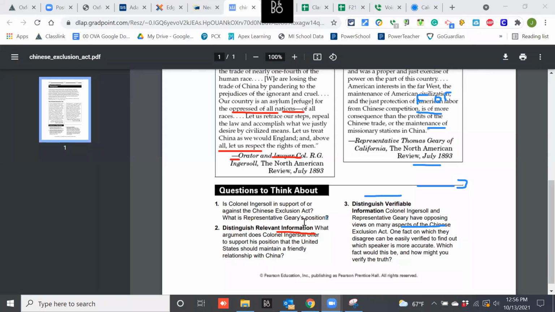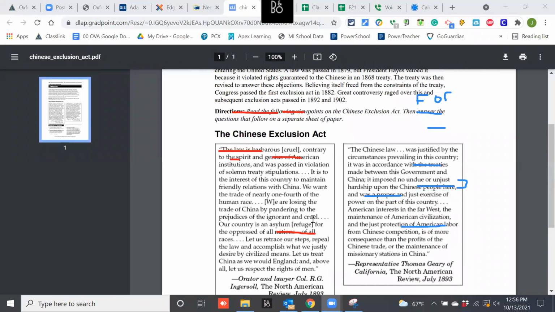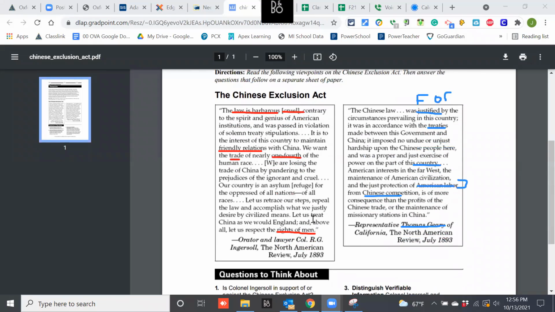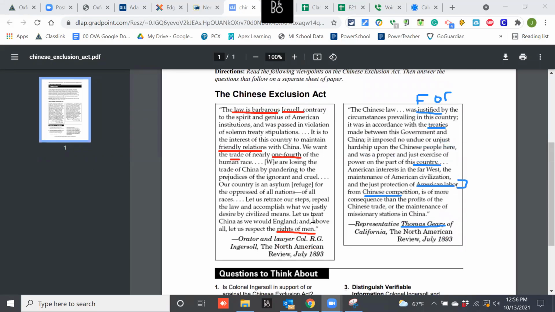Versus Representative Gary, who's for the act, okay? He believes it's justified based on previous treaties, and he believes that it's protecting American labor and eliminating hardships in the United States, in that it's not affecting Chinese people, is what he's claiming.